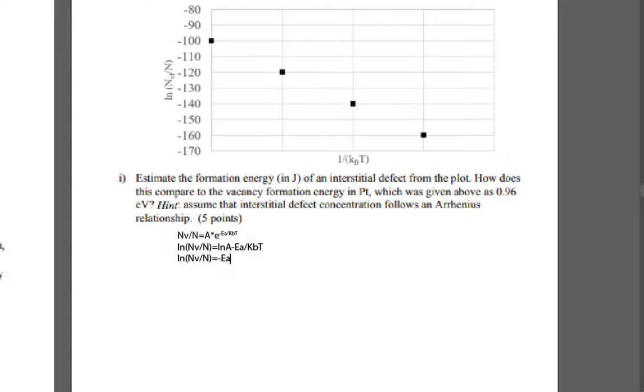And then we can just write in 1 over KBT. There we go. Add the thing by the natural log of A. And so, estimate the formation energy in joules. Okay. So we are trying to find the formation energy.